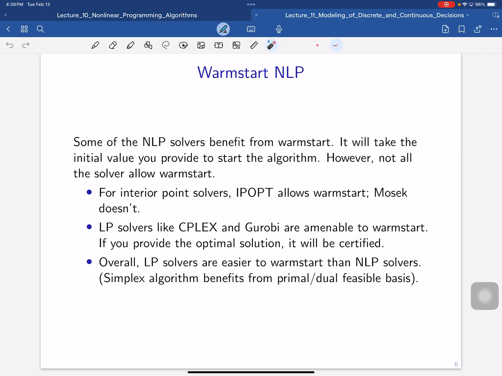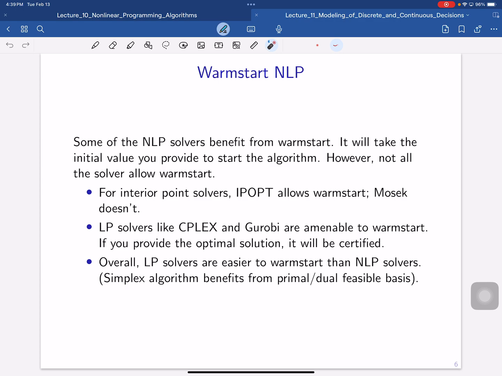If the basic feasible solution you gave is very close to the optimal basic feasible solution, then the simplex method would converge pretty fast. But for interior point methods, the property is not as strong, right? We know intuitively, if you warm start from a previous iteration, you have fewer Newton iterations, but it's not as straightforward as warm starting simplex methods. So here I have a comment: overall, linear programming solvers are easier to warm start than NLP solvers.